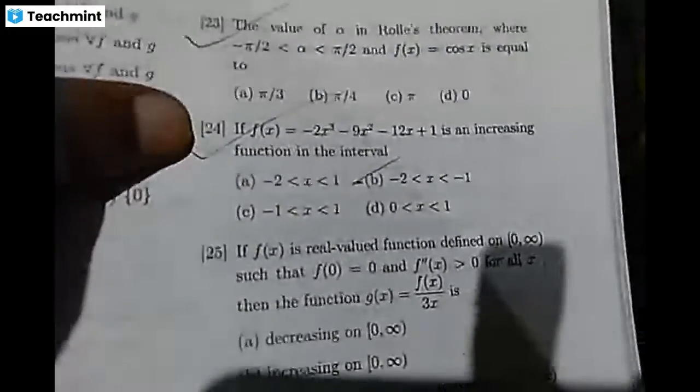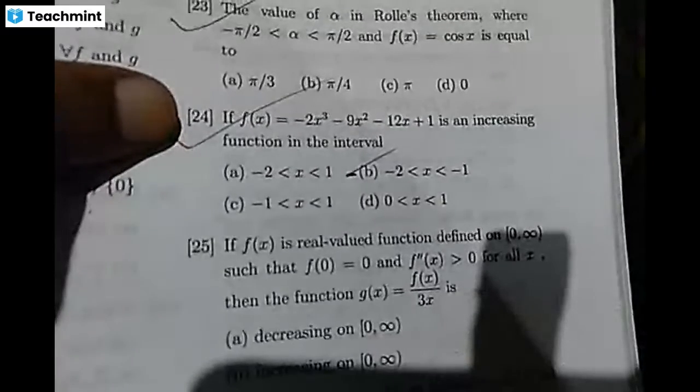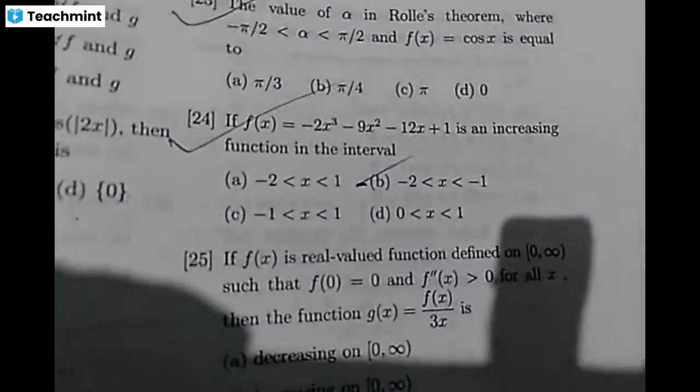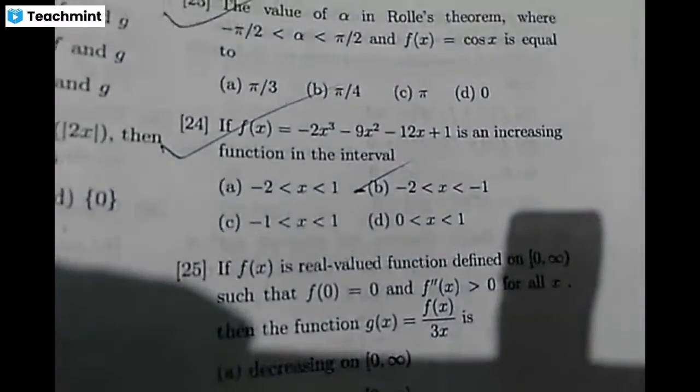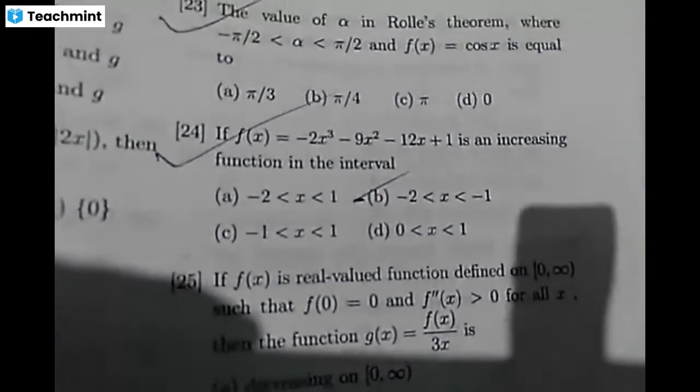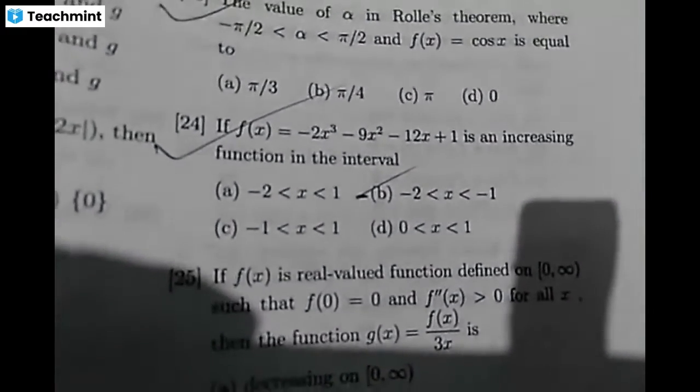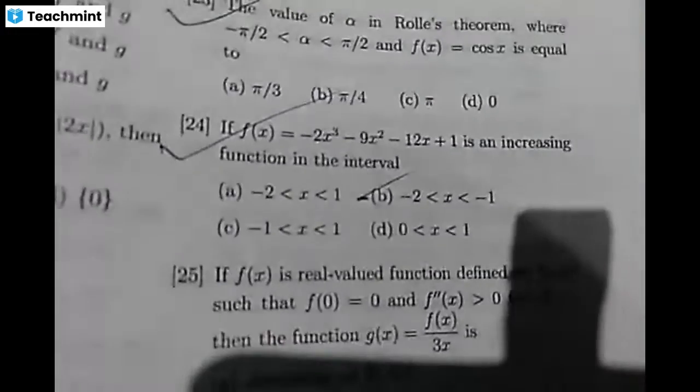Here it is given that f minus 9x square minus 12x plus 1 is an increasing function. Four options are given. You can look at the limiting points: minus 2 and 1, minus 2 and minus 1, minus 1 and 1, and 0 and 1. So I have done it in this way. There are many ways, but I have done it in this way.